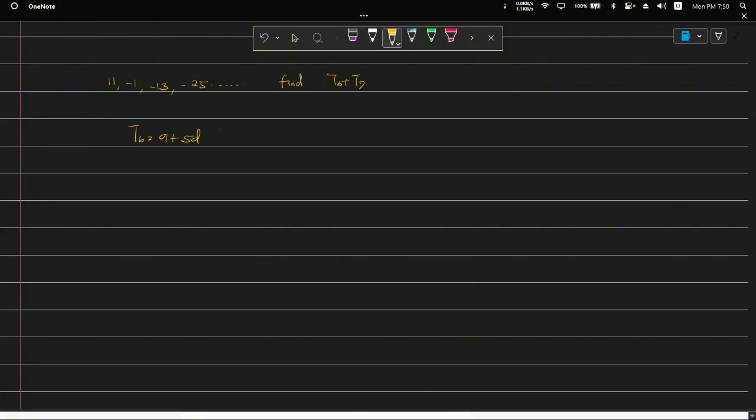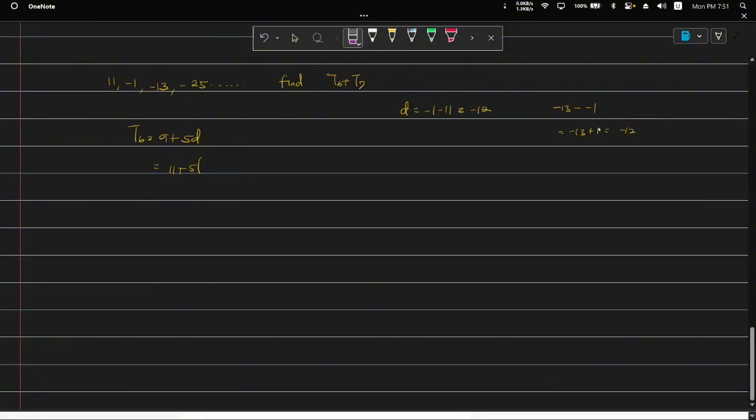Alright. So T6 is equal to A plus 5D. What is our A? 11 plus 5. And what's our common difference? Our common difference is minus 1 minus 11, which is equal to minus 12. And if you do minus 13 minus minus 1, you're going to be having minus 13 plus 1, which is equal to minus 12.